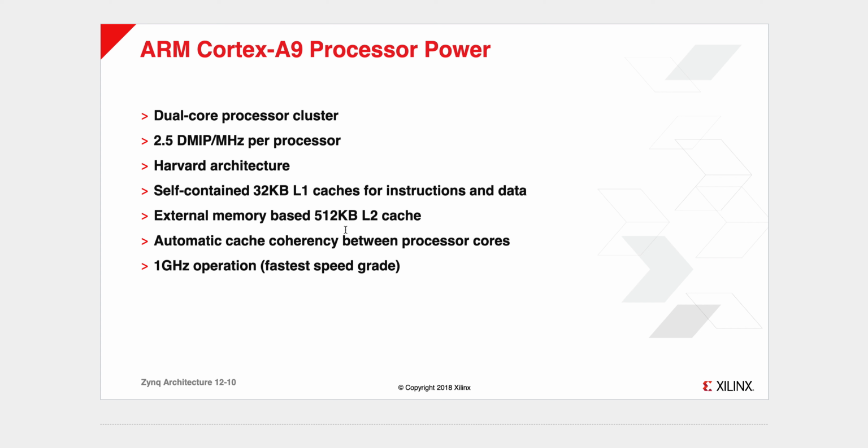And we have a 1 gigahertz operation. As we know, the processor operates at a clock speed of 1 gigahertz. 1 gigahertz simply means 1 billion cycles per second, which is the fastest speed grade.